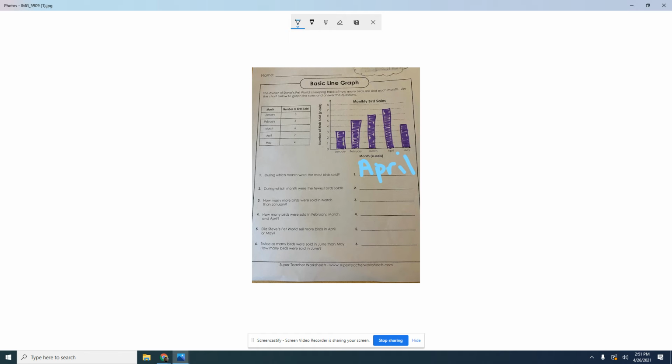says, during which month were the fewest birds sold? Our key word there is fewest. Fewest means the few, which is the least. So we want to look at our bars and see the one that is the littlest, and that would tell us that that one is the fewest. And obviously we look right here in January. We know that that one has the fewest.